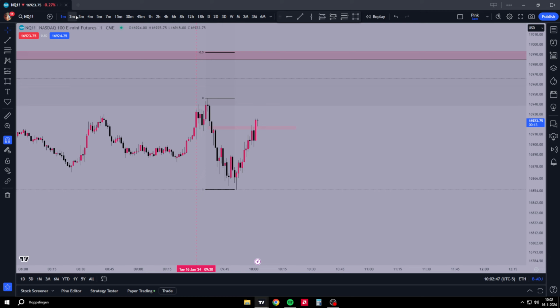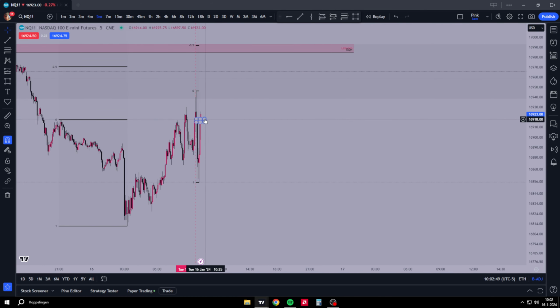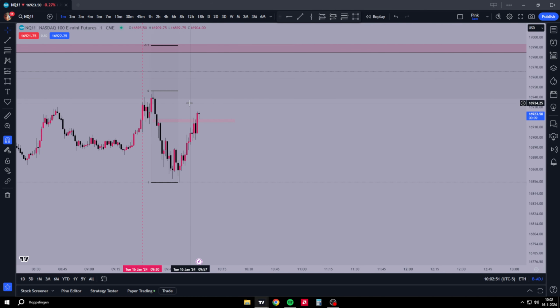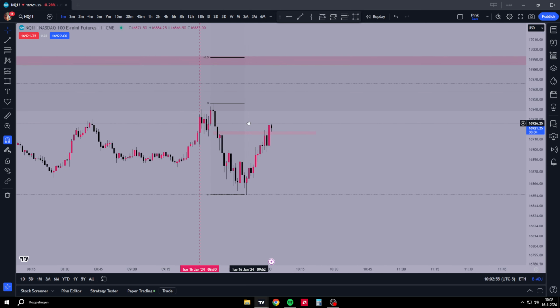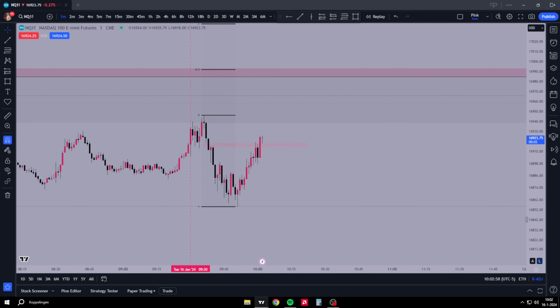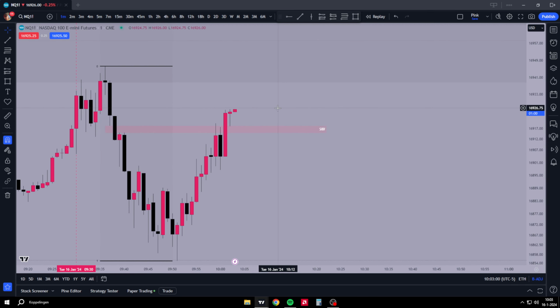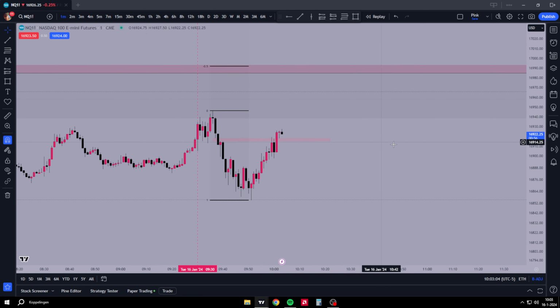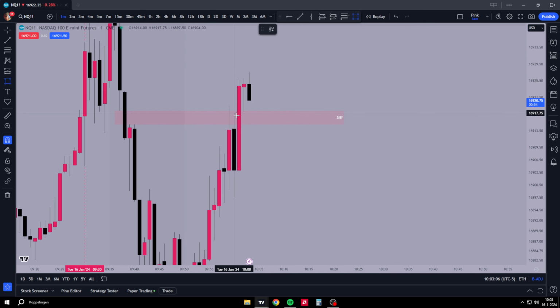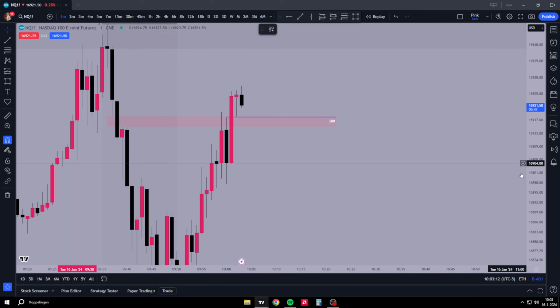Actually, we're just doing so much. Original consolidation. Yeah, we'll see what we do. Really tiny. Inversion here. Maybe.